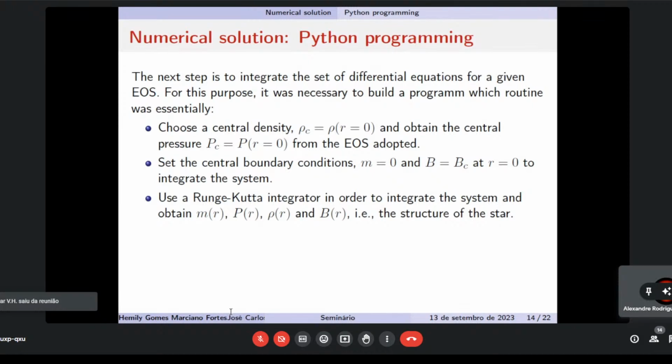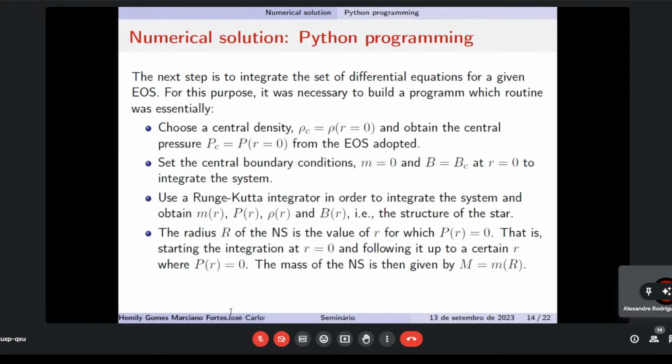In our case, we use a Runge-Kutta integrator in Python to integrate the system numerically, because analytically it's not possible to perform this integration. So we numerically integrate the system, and with that we obtain the mass, the pressure, the energy density, and B. And we have the structure of the star with that.